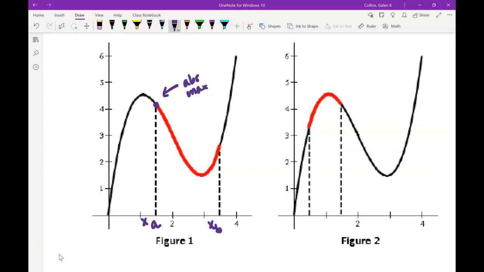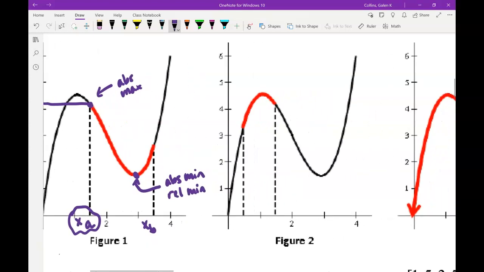Remember, the maximum itself is the y value, like 4 point something, but it occurs at the location of this x value. In this example, the minimum value would be the relative minimum, so that is both the absolute minimum on that interval, and it's a relative minimum of the function.